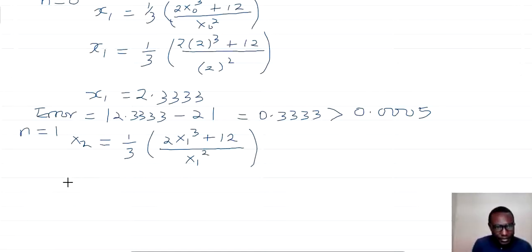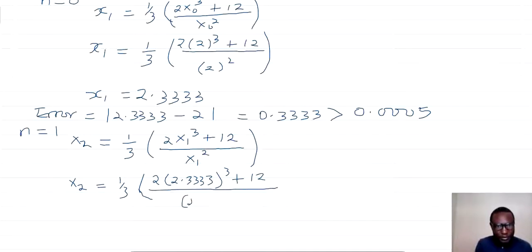Now let's substitute. x2 will now be equal to a third into bracket 2 into bracket 2.3333 power 3 plus 12 divided by 2.3333 power 2.